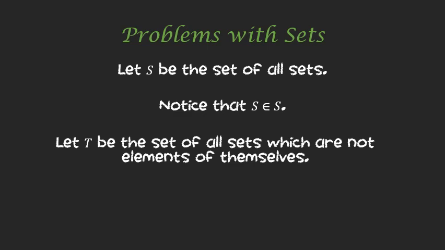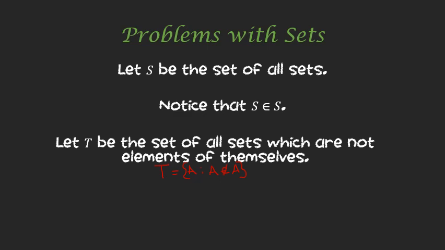We could actually define this with set builder notation if we want. T is the set of all sets A such that A is not an element of A. We can define the set T like this. And so this is a perfectly fine definition with our definition of sets.